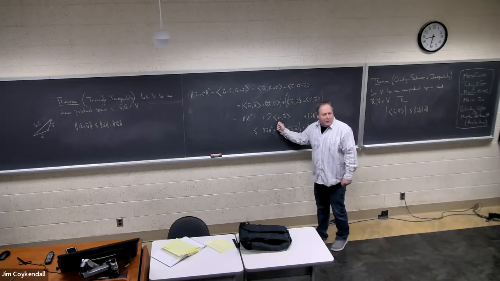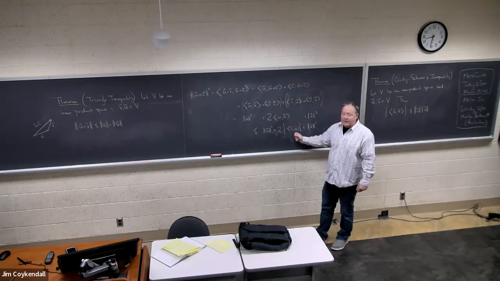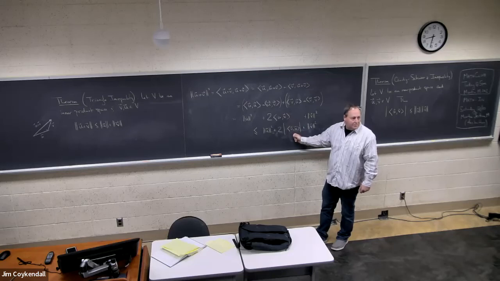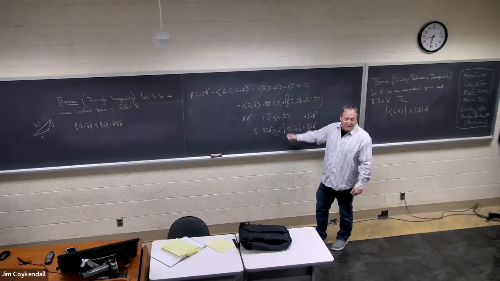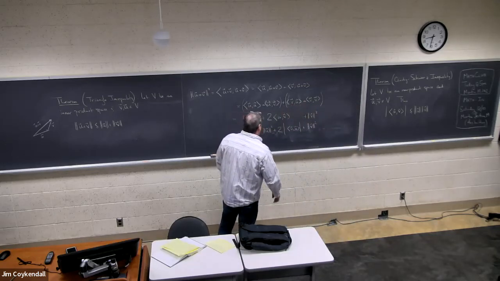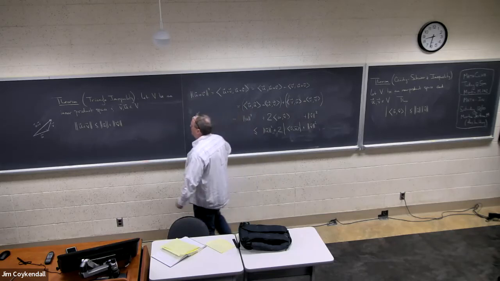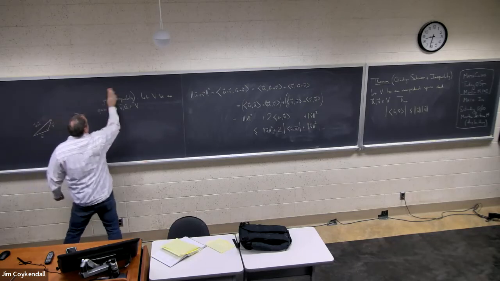This can be positive or negative. And so it's certainly less than or equal to if I replace this by its absolute value, right? Because this is positive, this is maybe negative. Right? And so this is... continuing.